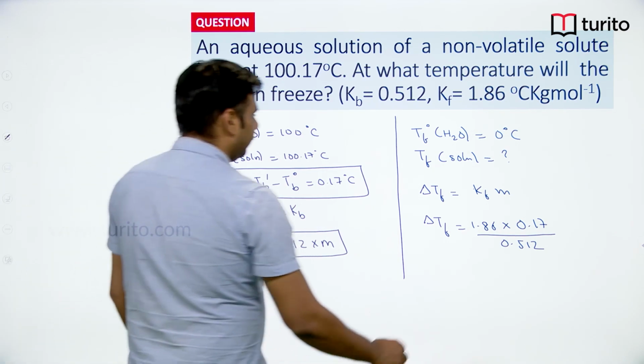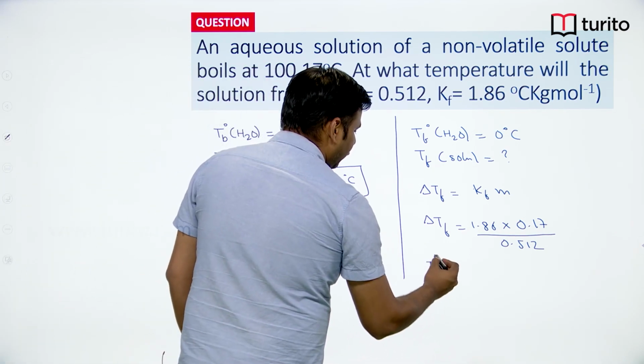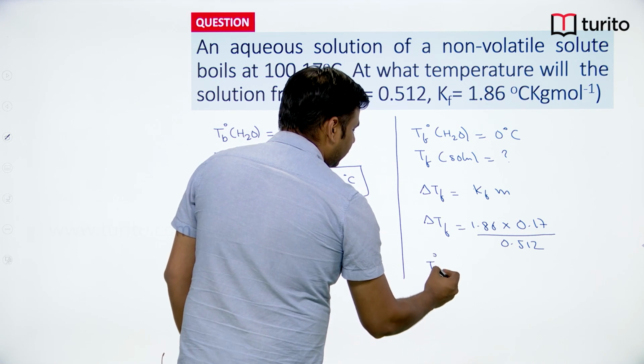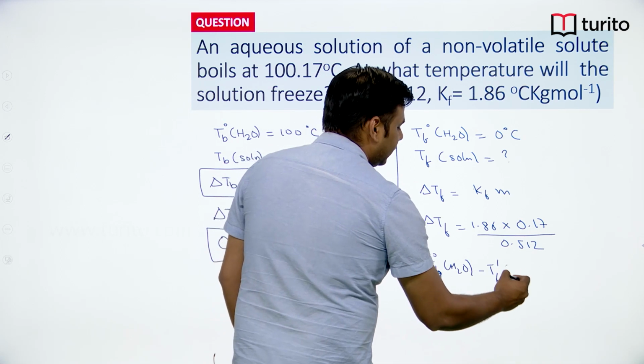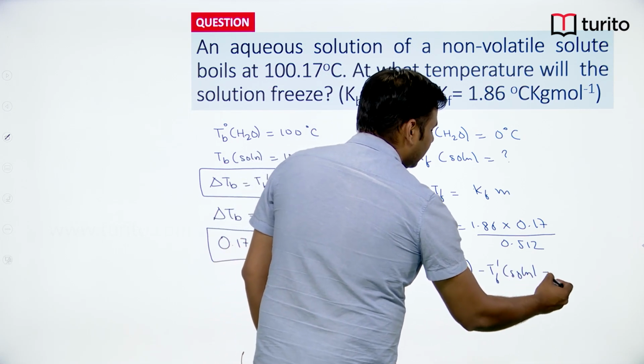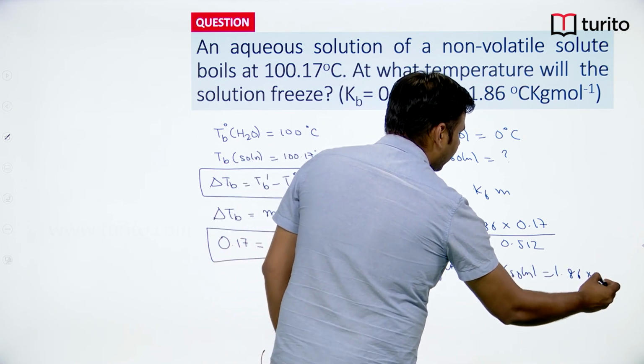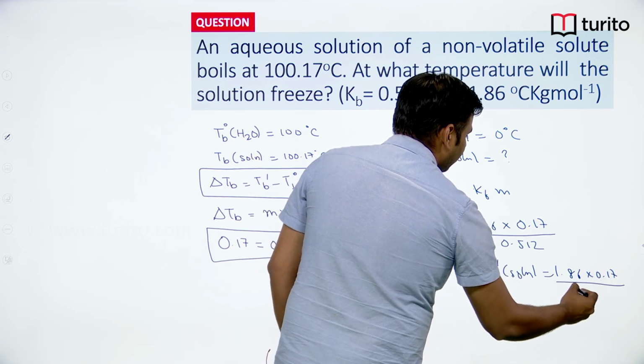So this is how I will get the depression in freezing point. We know that depression in freezing point is freezing point of pure water minus freezing point of the solution. This is equal to 1.86 into 0.17 upon 0.512.